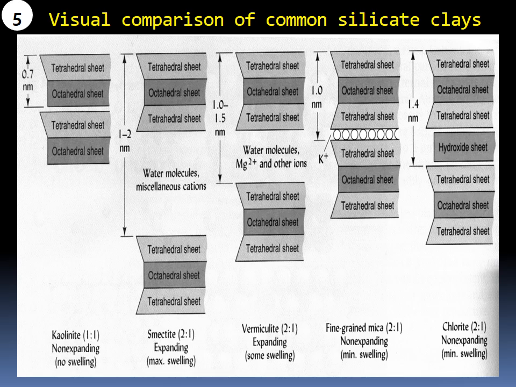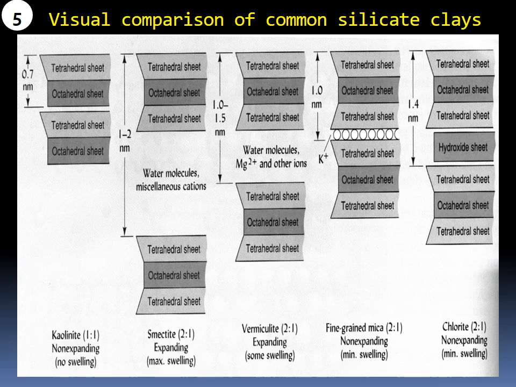Now if you go to the second example of 2:1, which is vermiculite, you also have TOT as a layer and then another TOT, but the difference between them, why we say it has some swelling, is that if you look at the interspace between the layers, you have water molecules plus magnesium and other ions.